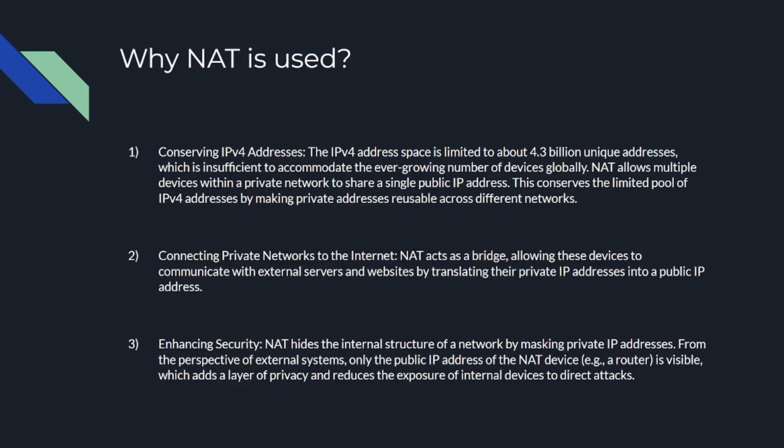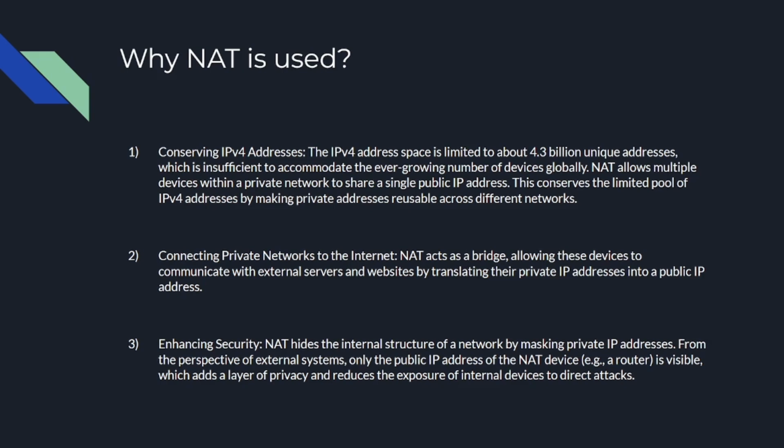So now we'll be discussing why NAT is used, or we can say the benefits of NAT, why we're using NAT in this networking era. So basically, conserving IPv4 addresses.